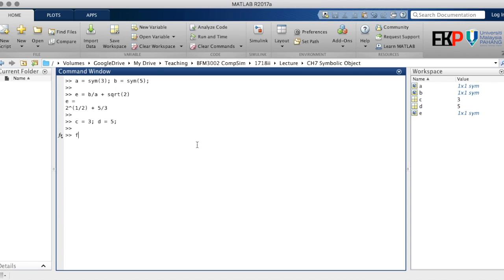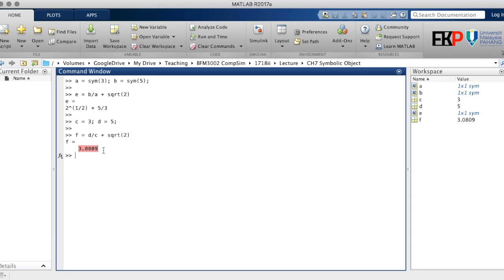And if we define an expression, F is equal to D over C plus square root of 2, for example, when we press enter, you see the difference from what we have above: now MATLAB displays an approximated number.